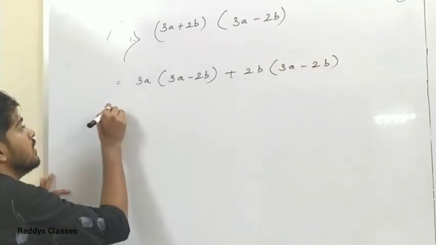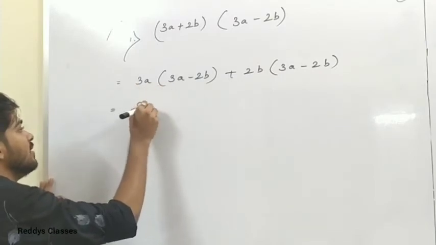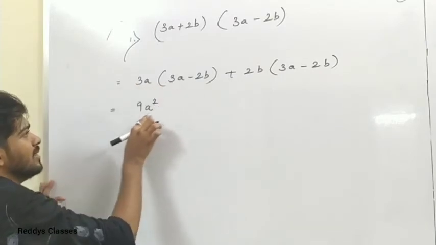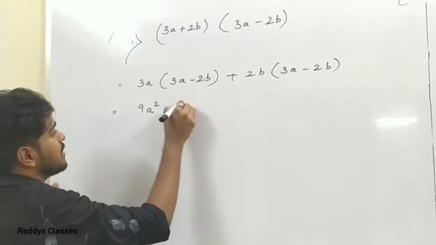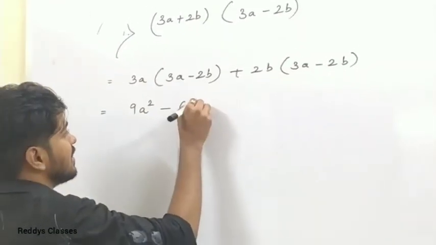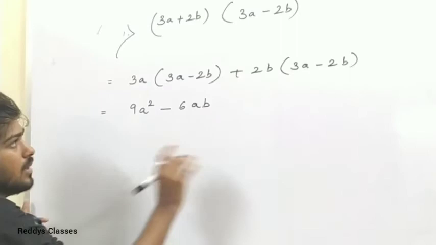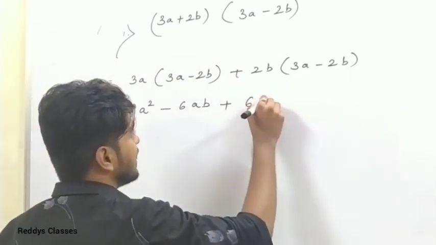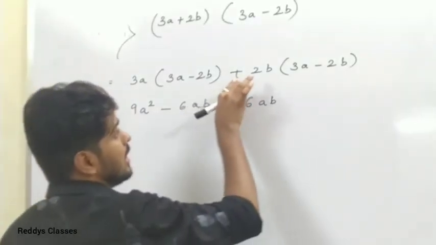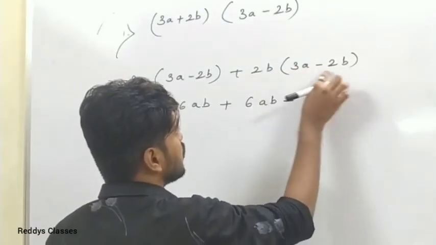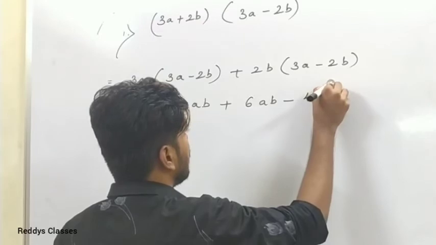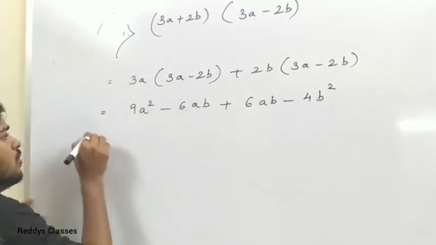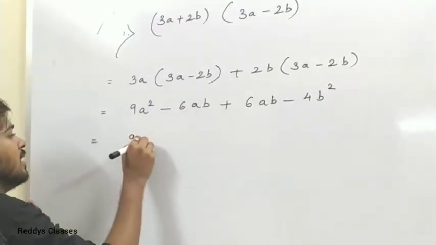So 3 into 3 is 9, a square into a is a square, minus 3 2s are 6, a into b is ab, see, simple, plus 2 into 3 is 6, b into a can be written as ba or ab as it is, plus minus 2 2s are 4, b square. Okay, so we have the value here as 9a square.